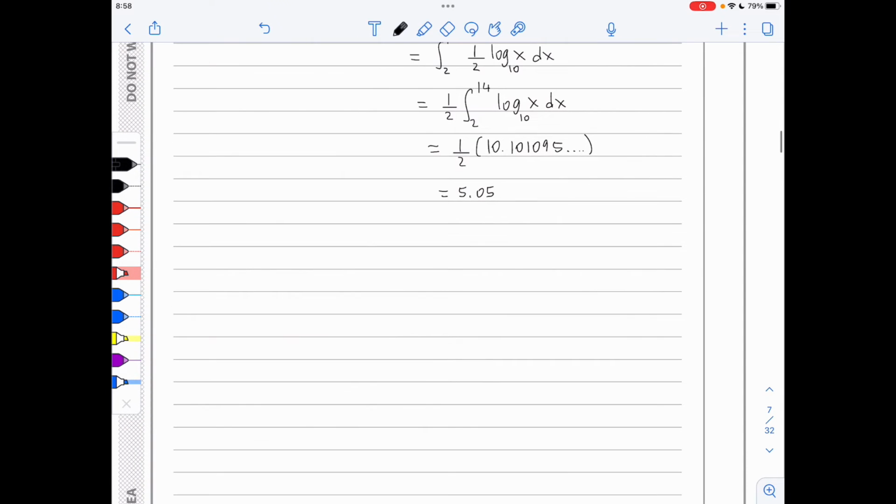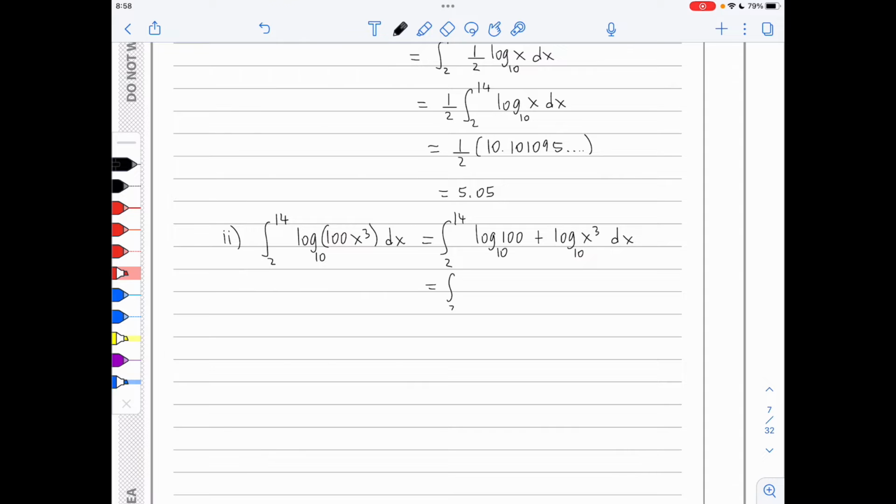And then in II, it's the integral from 2 to 14 of log of 100x cubed base 10. So I will start by expressing the product as a sum of logarithms. So it's log of 100 base 10 plus log of x cubed base 10 dx.